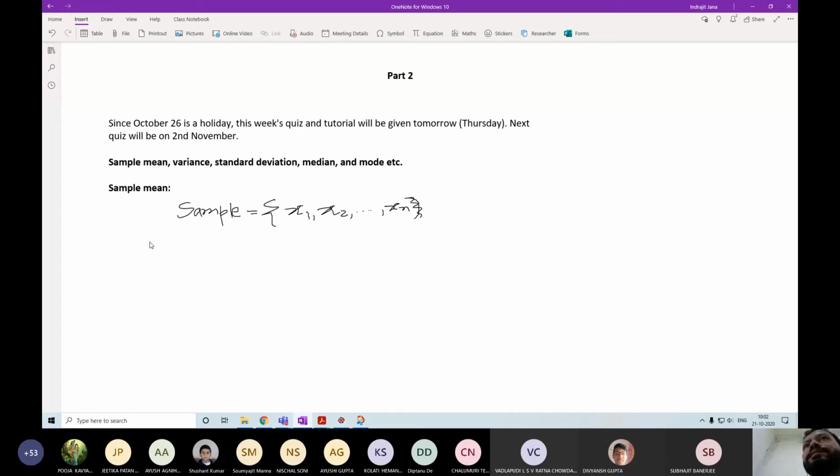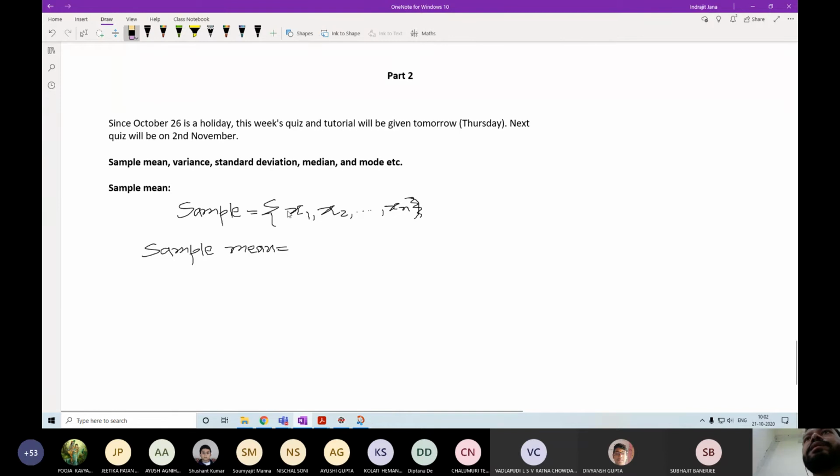Then the sample mean, which is often denoted by x bar, is simply 1 over n times the summation of xi. Very basic concept. There is no confusion there.